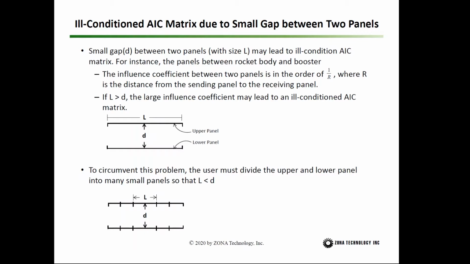This is because the influence coefficient between two panels is on the order of 1 over R, where R is the distance from the sending panel to the receiving panel. So to circumvent this problem, you have to divide this panel into many smaller panels. If the size of the smaller panel L is less than d, then you can avoid this ill-conditioned AIC problem.